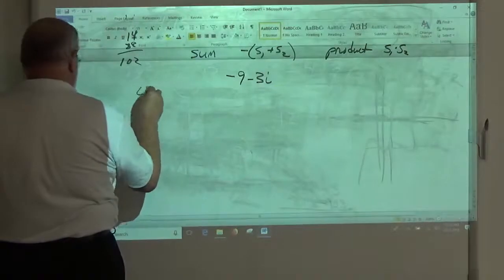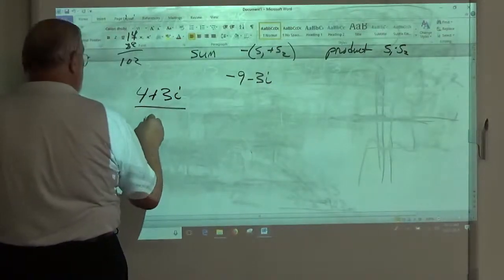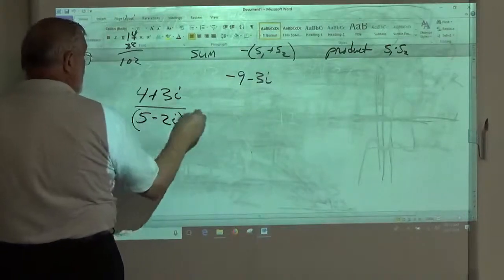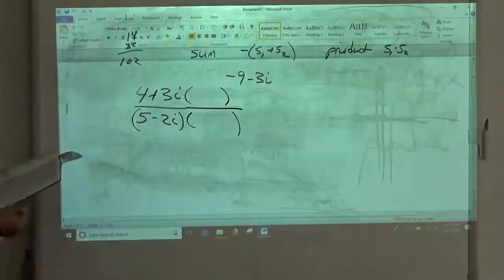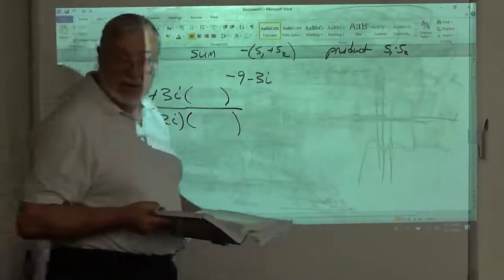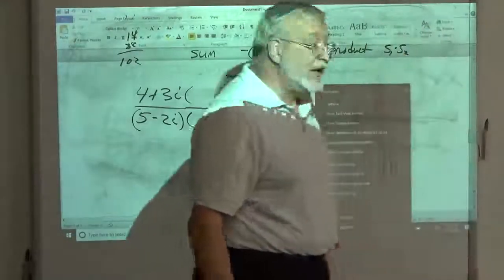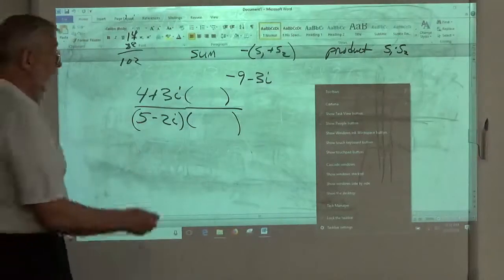Now example 5. In order to rationalize an imaginary number, you cannot leave the i in the denominator. So we have 4 plus 3i over 5 minus 2i. In order to get rid of the i, we have to multiply by the conjugate of the denominator. What is the conjugate of 5 minus 2i?